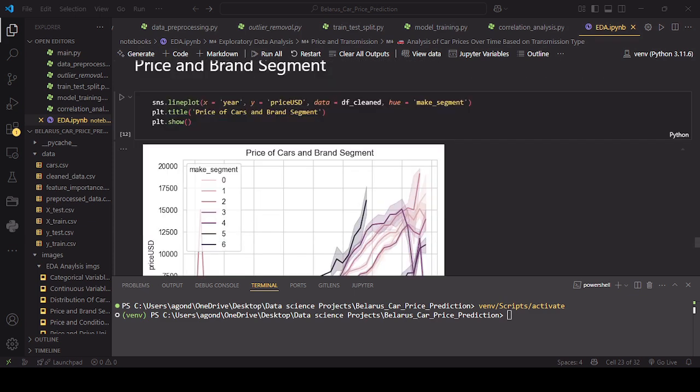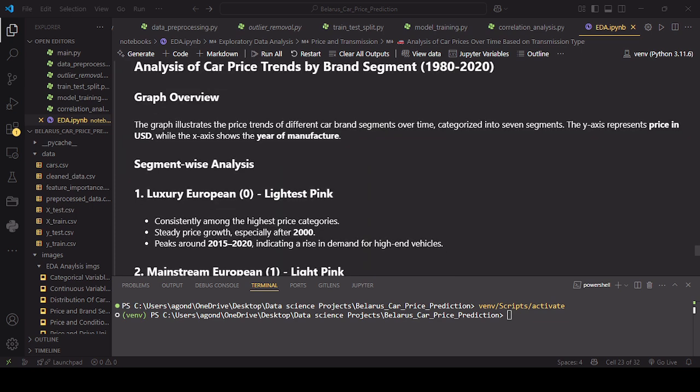Then we have taken the price and brand segment right here.